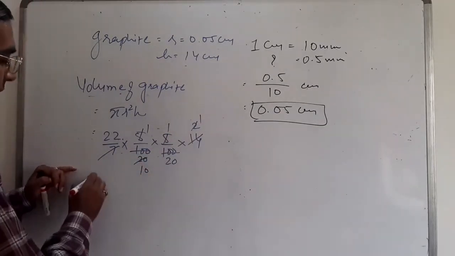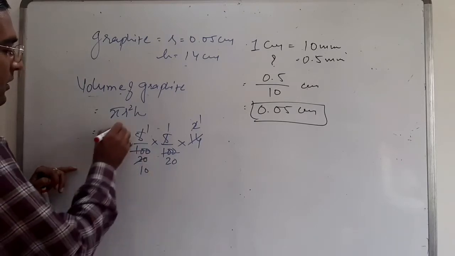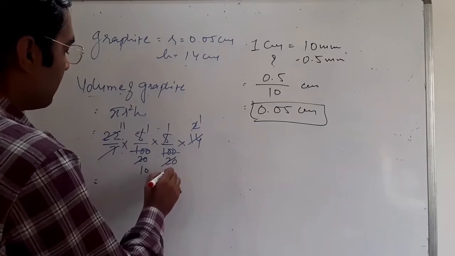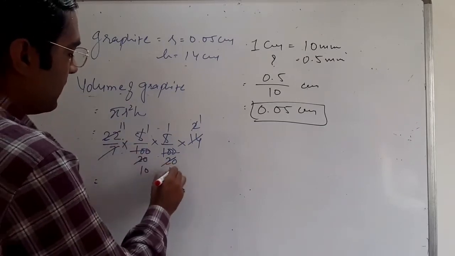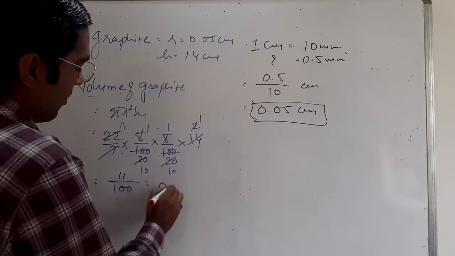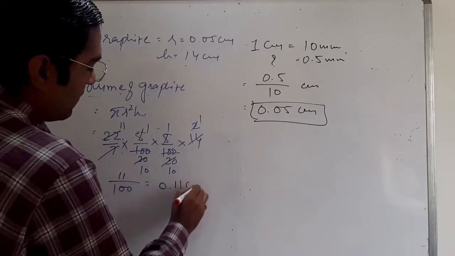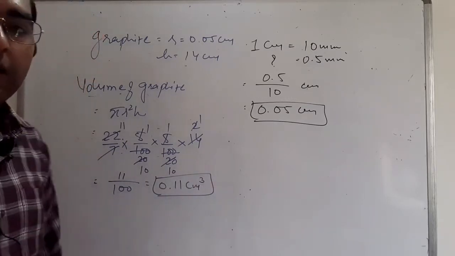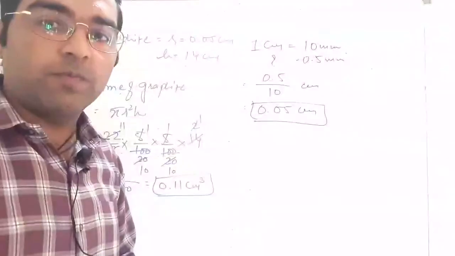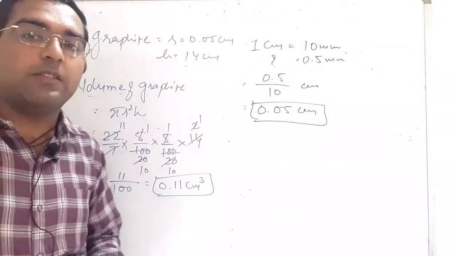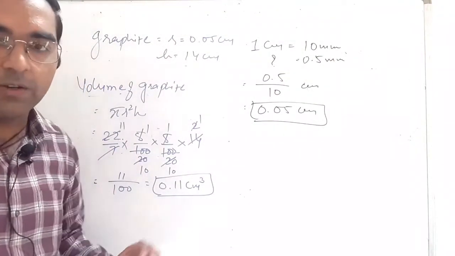Now 11 2s are 22, and 2 10s are 2 11s are, and 2 10s are, that is my 11/100, that is 0.11 centimeter cube. My volume is 0.11 centimeter cube.